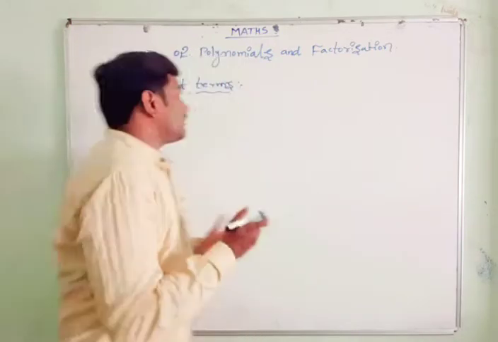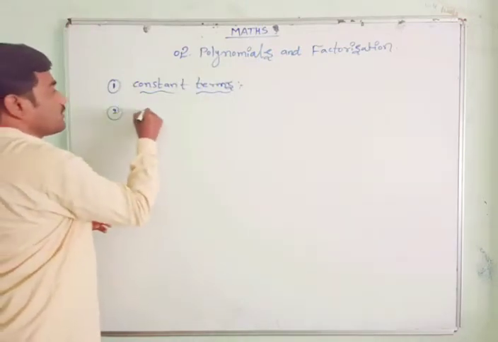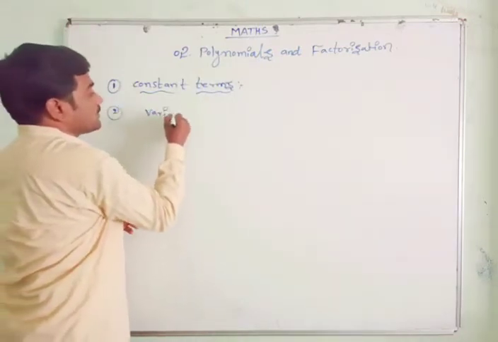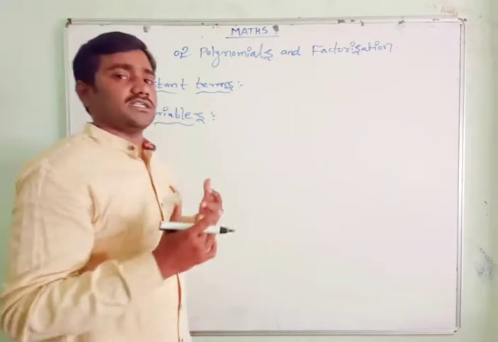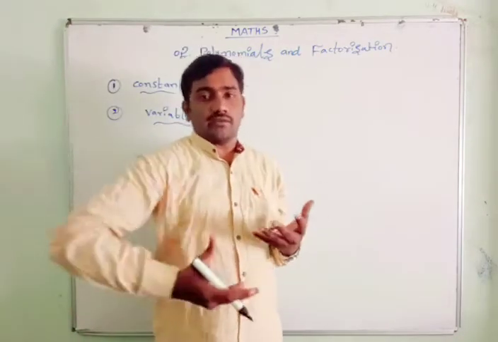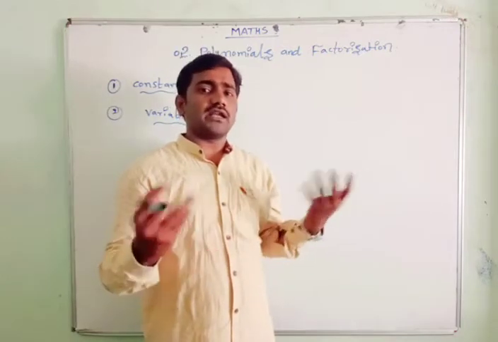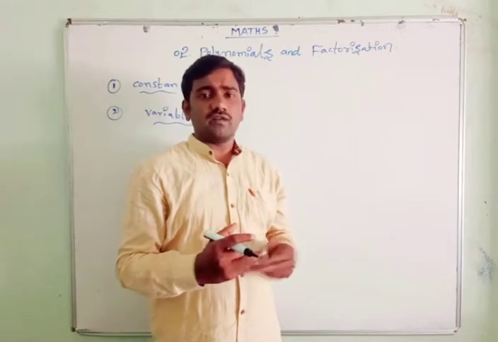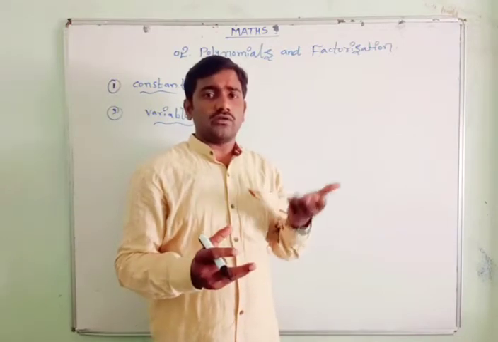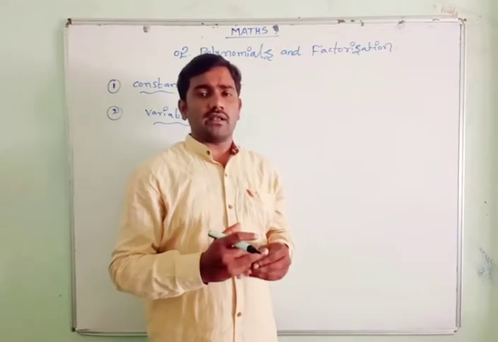Now next we have to learn about variables. The thing which is not a constant is known as a variable. Either it may be numbers or anything. Suppose the daily temperature will be a variable. Your height, the growth of your height, it is a variable.